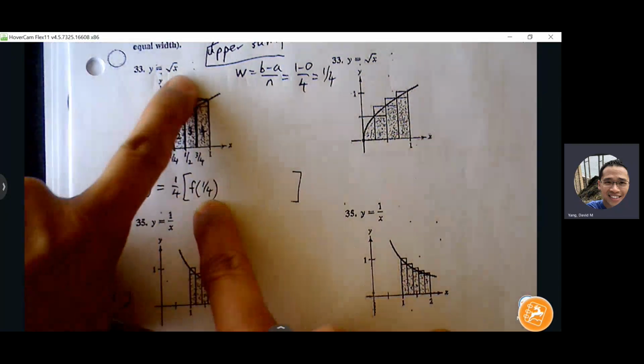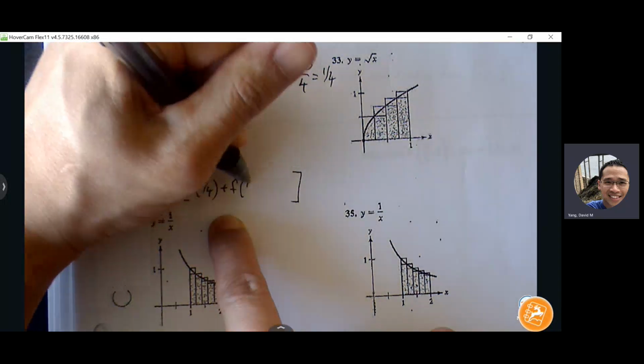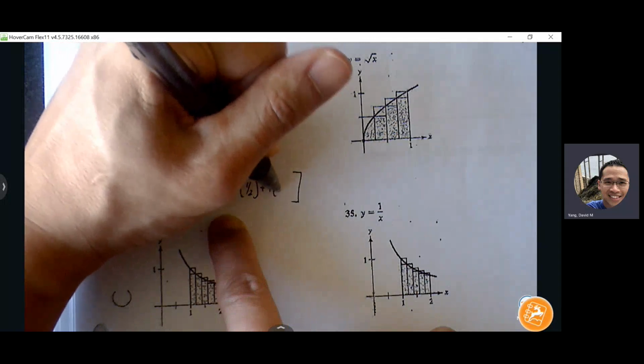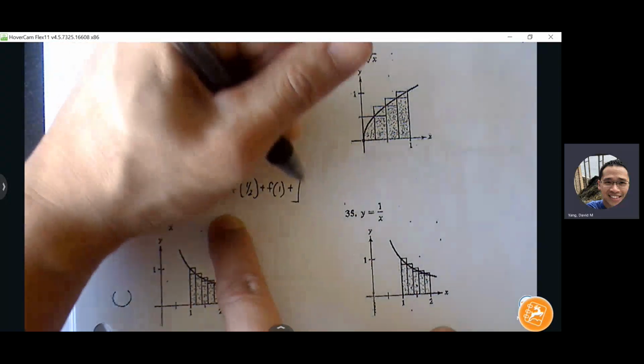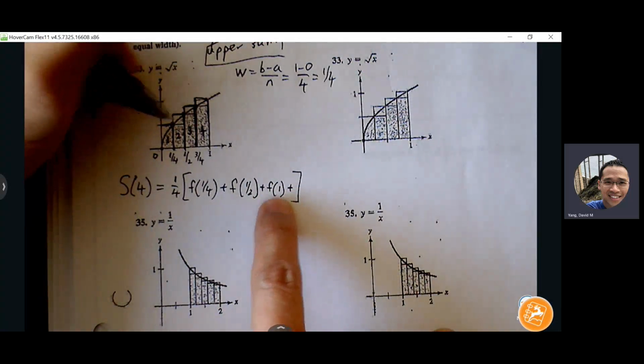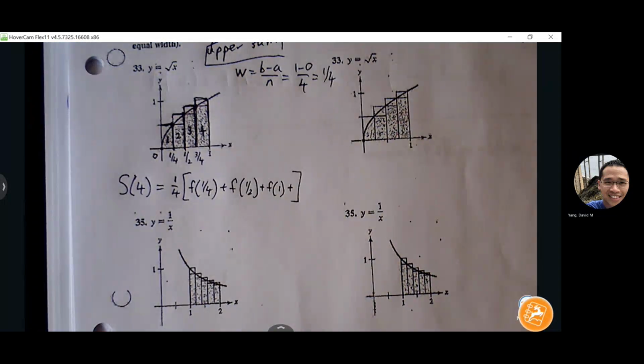Essentially, I'm just plugging 1/4 into the function, whatever that decimal value is, plus f of 1/2 plus f of 3/4 plus f of 1.